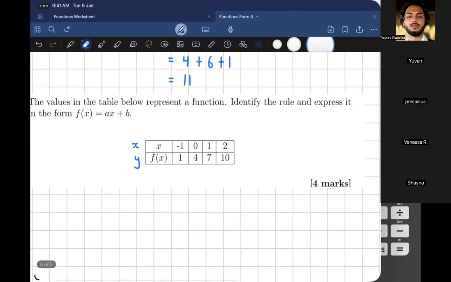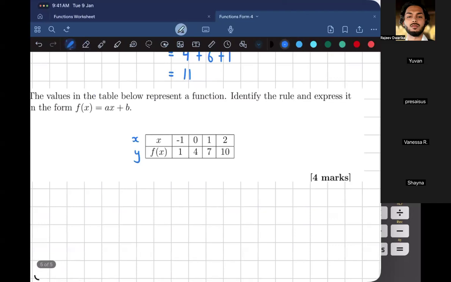So here, we need to figure out how you're going from x to y. Vanessa, we know we had to multiply x by something and add something to it, yes or no? Yes. So let me start off with -1.